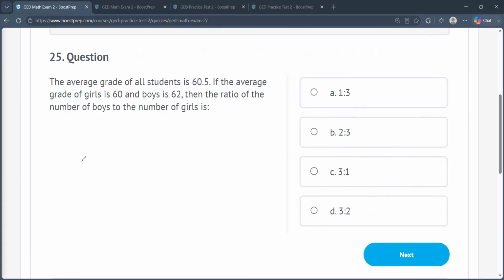So my first, I'll say X equals the total number of boys, and then Y will be the total number of girls.